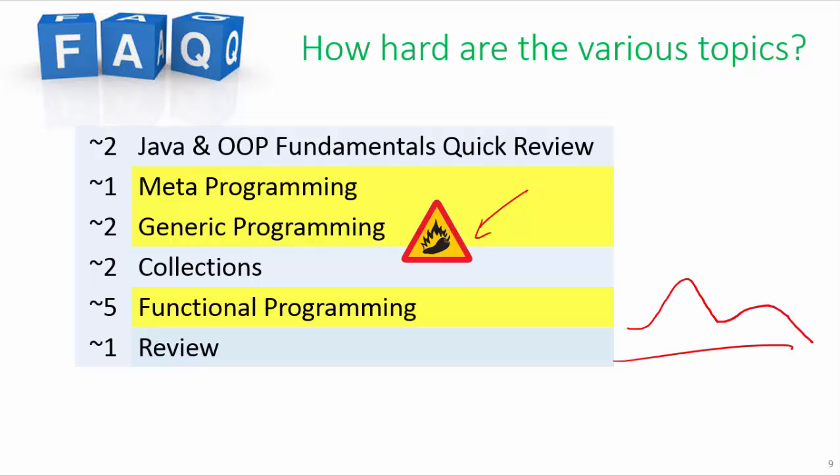It's a very scientific graph, right? This is difficulty, and this is time in the semester. So you should have something like that, right? So hopefully that's going to be true for most of you. But I want to give you a heads up so that you know when to expect that you will have to do a push. If the rest of the course is easy for you, then you'll probably just have to do a push on generic programming.